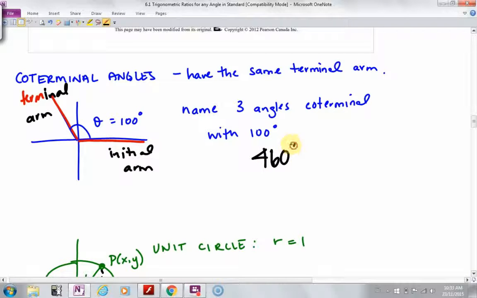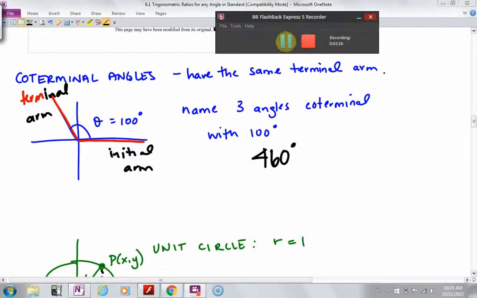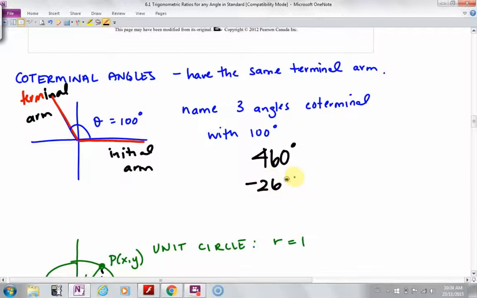How did you get that, Demetria? I just added 360, which would go all the way around. Correct. If we add 360 to this, go one more time around, we get back to that same terminal arm. Any other suggestions? We said negative 260 degrees. We said positive 820.